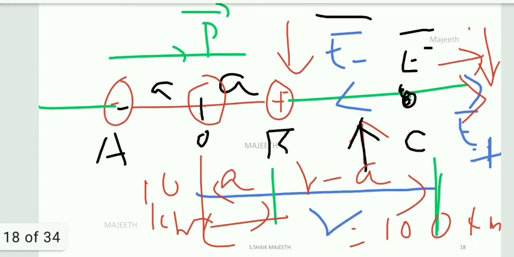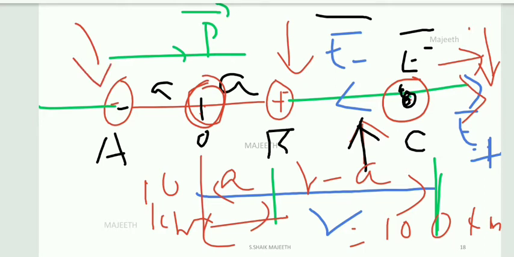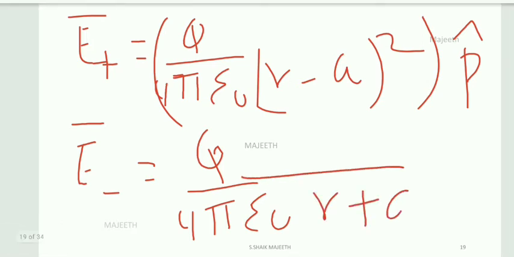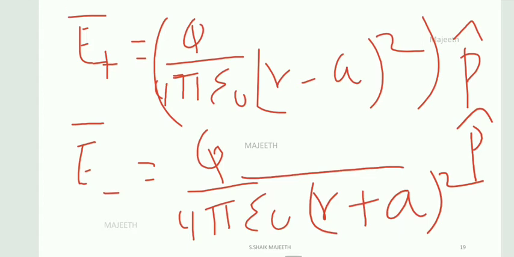You see, from the center to C the distance is R, but my charge is located here, so from here to here the distance is A. So the total distance is R plus A. So instead of R squared, we have to substitute R plus A whole squared. This is a scalar, but electric field is a vector, so the unit vector is P cap. Fine. This is very, very important.